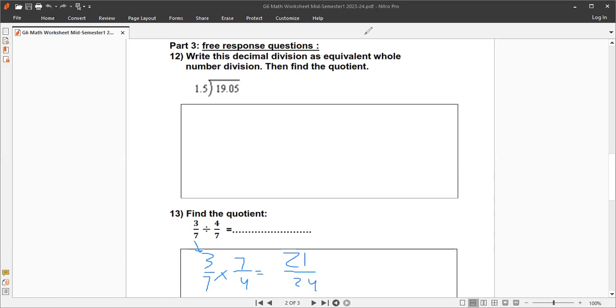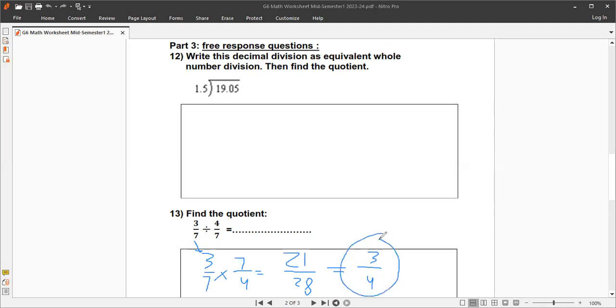Here we have to put 8. Now can we simplify? Yes, we can divide both by 7. 21 divided by 7 equals 3. 28 divided by 7 equals 4. So the answer is 3/4.